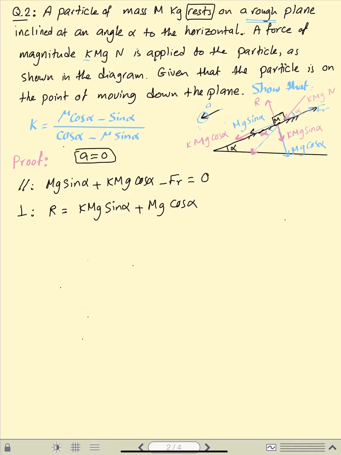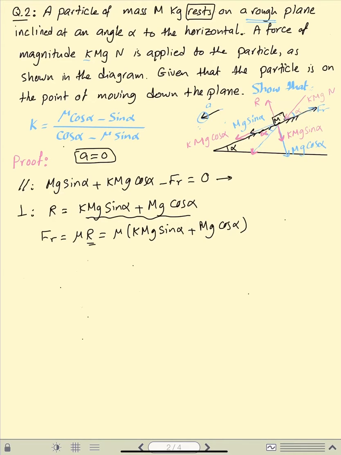What do I mean? We know that FR is equal to mu R. So FR equals mu times R. Write the value of R here in the third equation. So FR equals mu times kmg sine alpha plus mg cosine alpha.